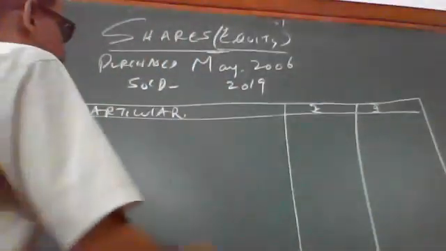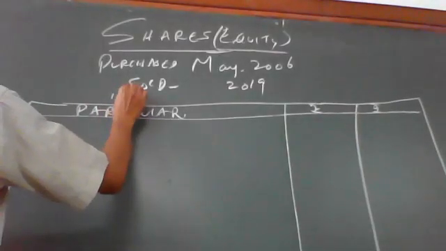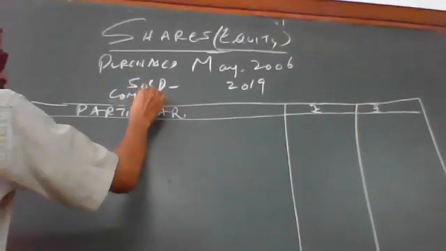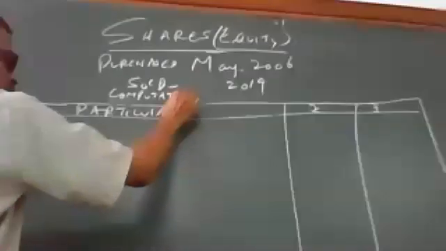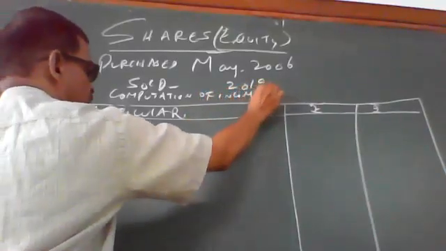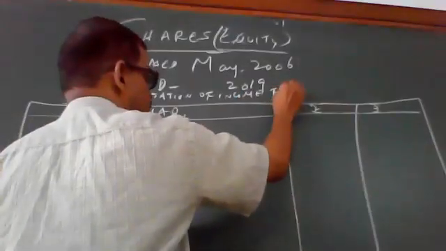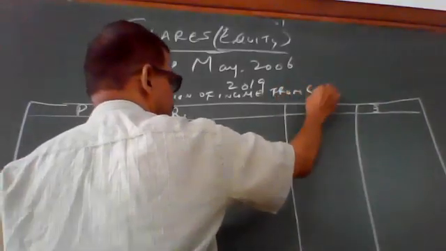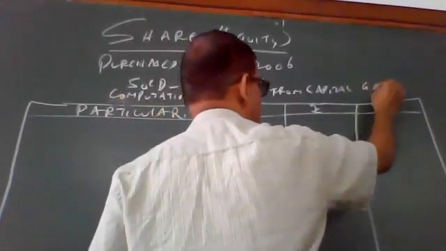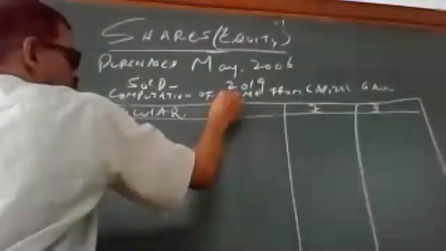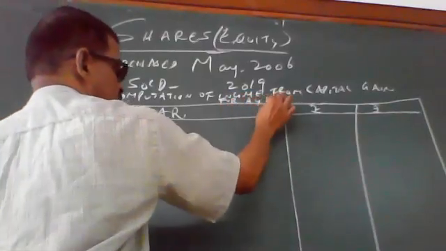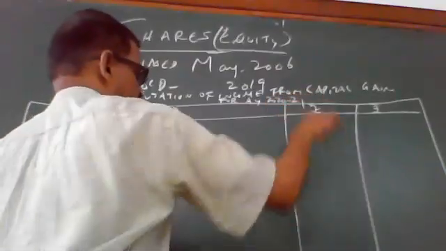So the heading will be: income computation of income from capital gain for the assessment year A.Y. 2021.